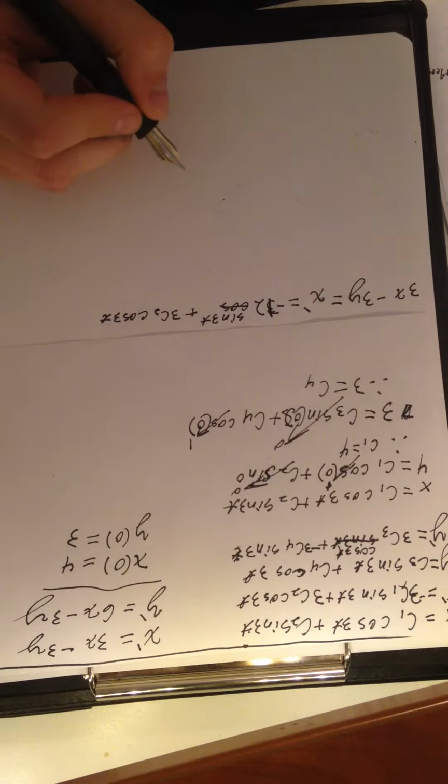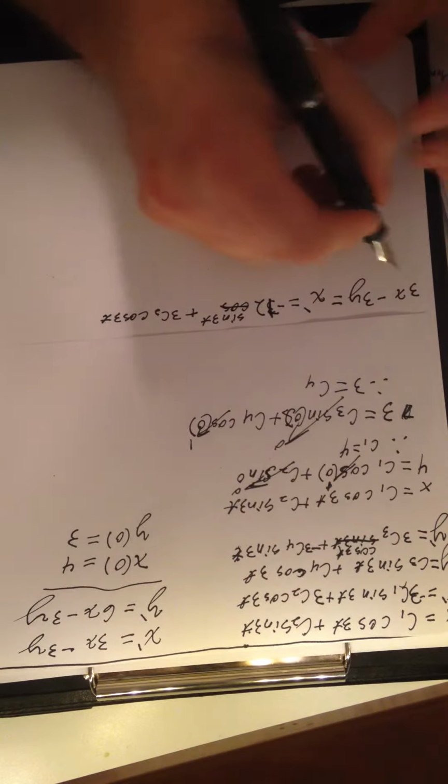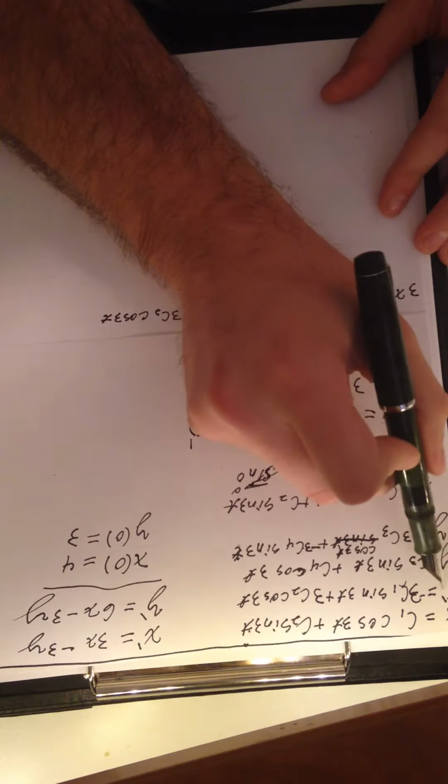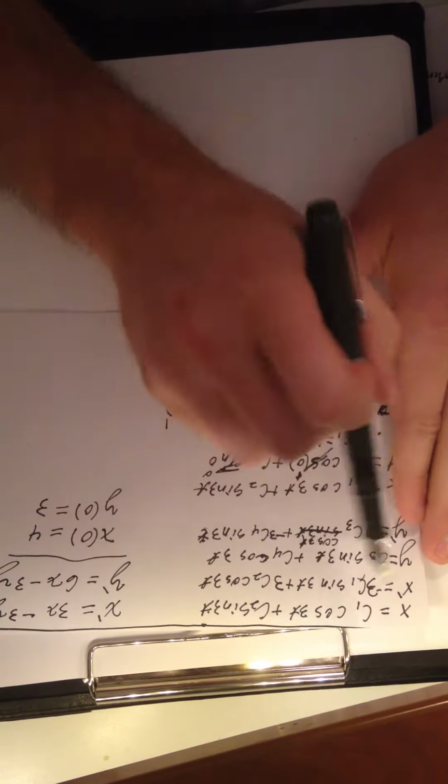Since we also know that, we can set the equation equal to 3x minus 3y. Now, we know what our x value is, because that's what we originally solved for.